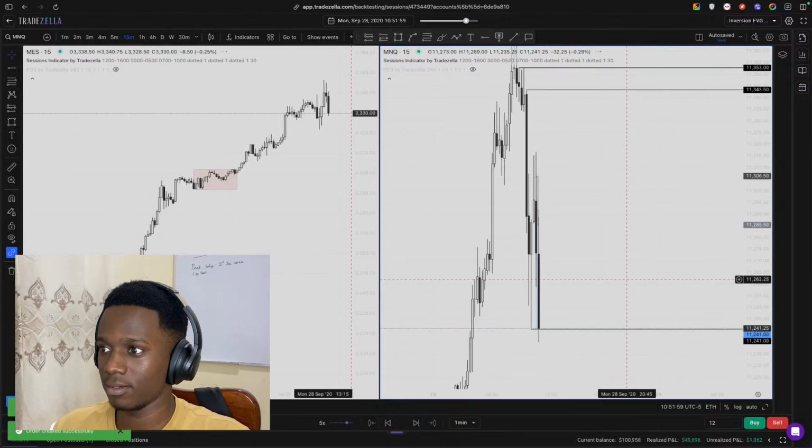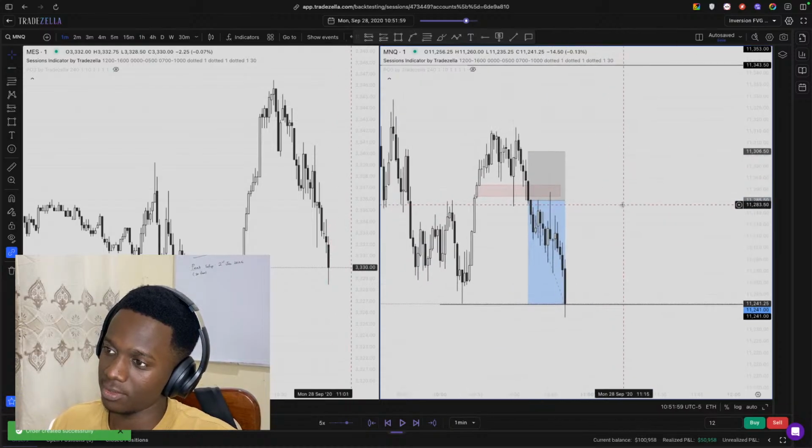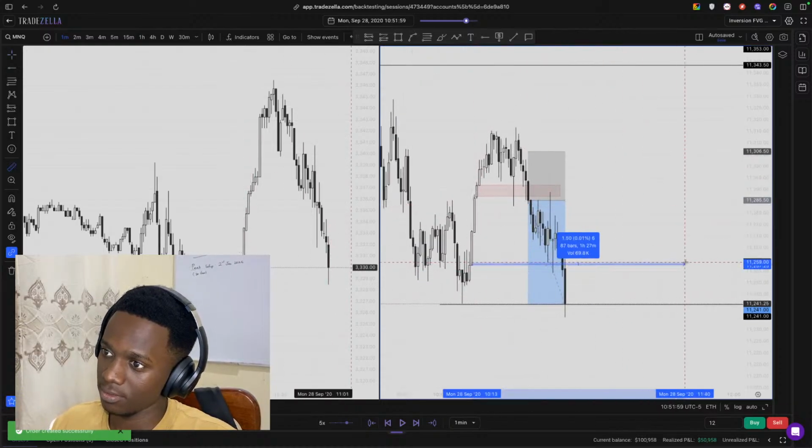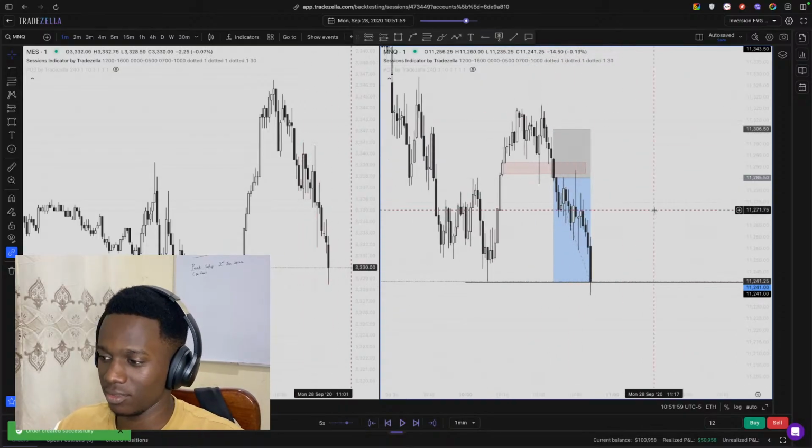Banger. 2R, beautiful 2R there. Beautiful 2R, even though it was quite choppy inside here, but it delivered quite nicely.